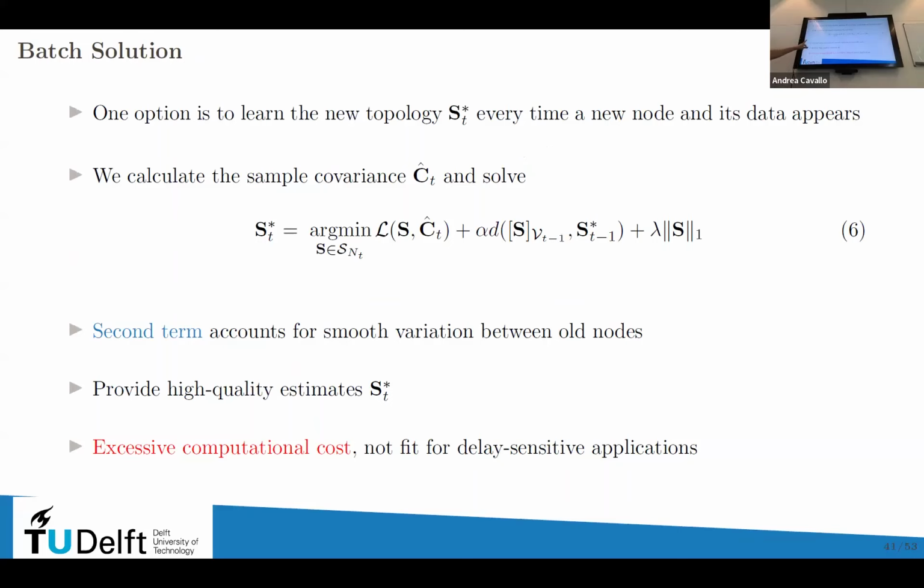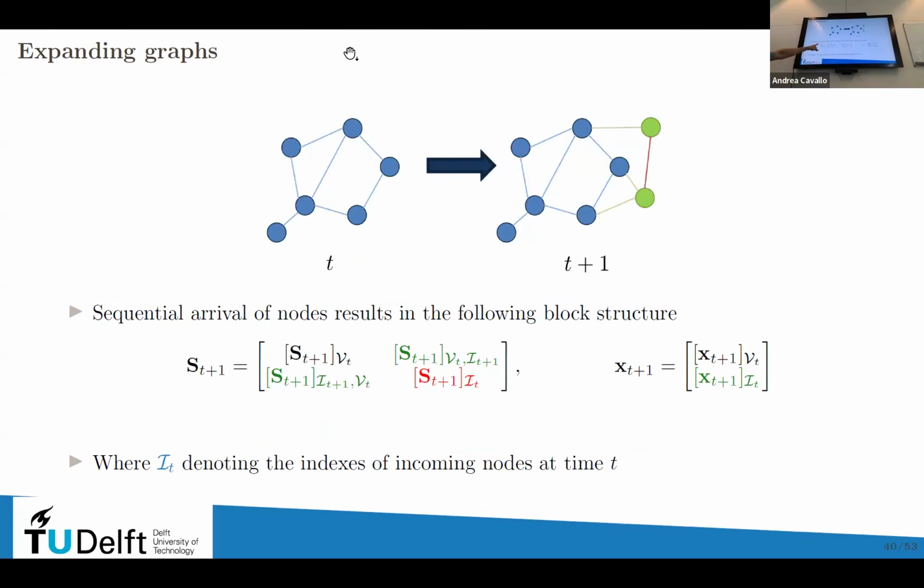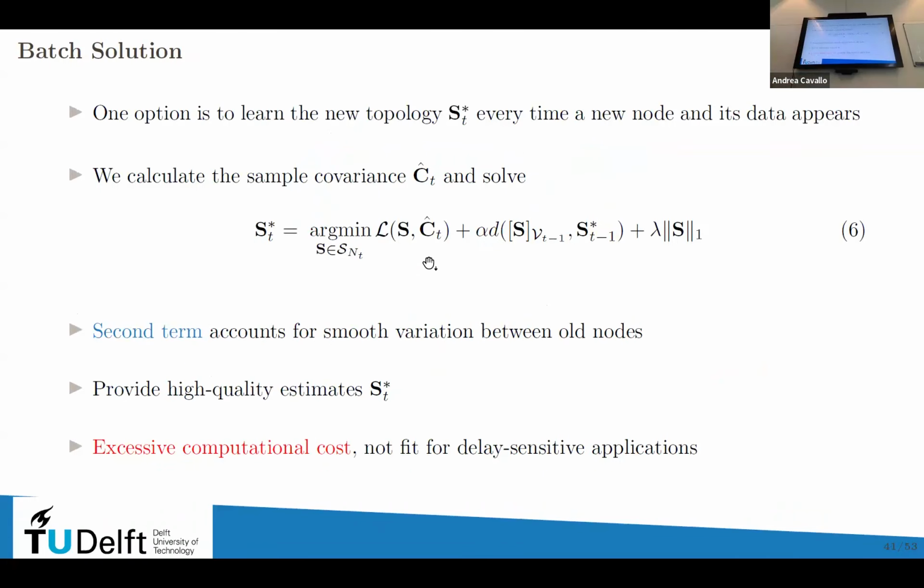But now you have this new term in the loss function, which controls how much the existing links change. Ideally, whatever links exist, we don't want them to change a lot, whereas the new nodes can be more expressive, but we don't want that to change so much, so that alpha controls that, right?